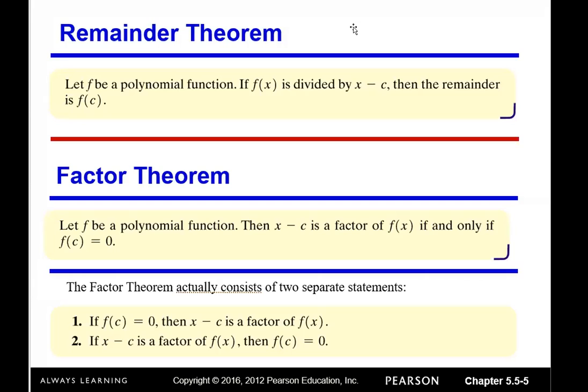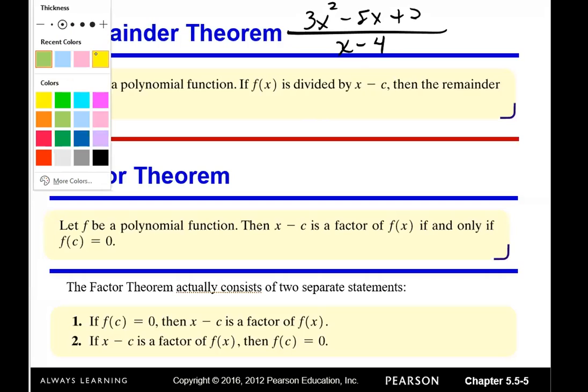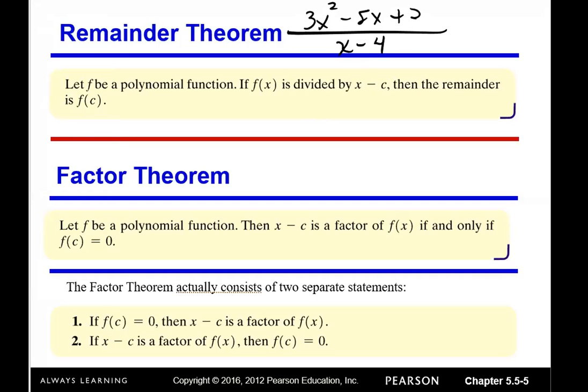And I don't know who figured it out, some old guy, but if you're taking some polynomial function like, I don't know, 3x squared minus 8x plus 2, I'm just making this up, and you divide it by x minus 4. Since it says minus c, in my example, my c is a 4.